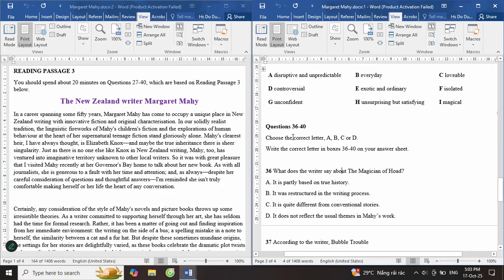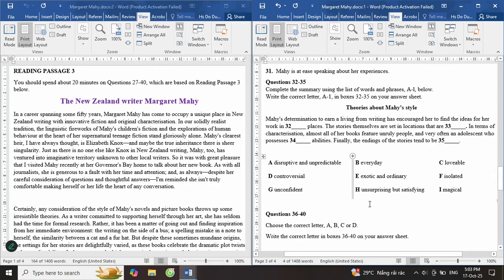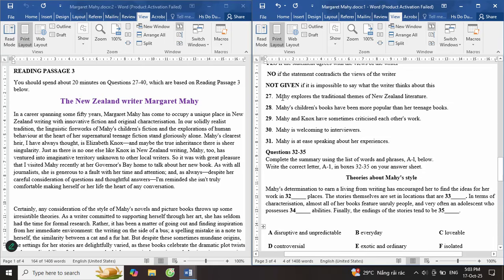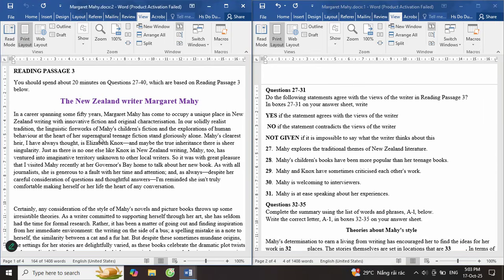And the first question of multiple choice is, what does the writer say about the magician of hope? So these are the keywords to start thinking about these questions. Therefore, I will work with yes, no, not given until I see these keywords. Now, please pause and read the first paragraph.